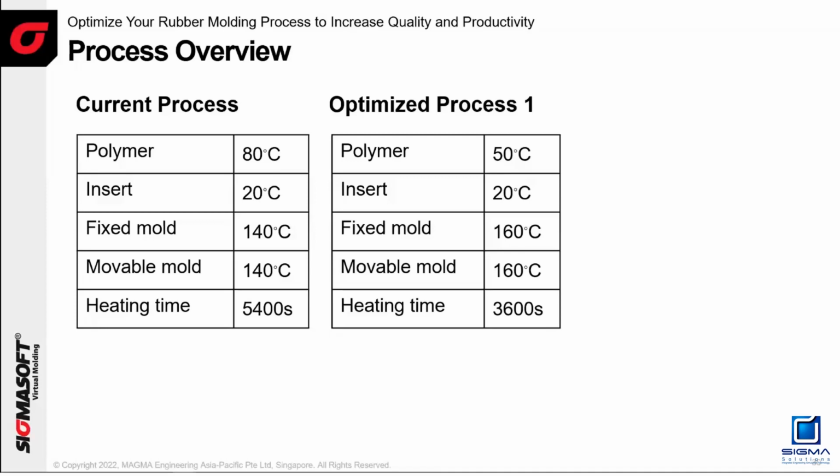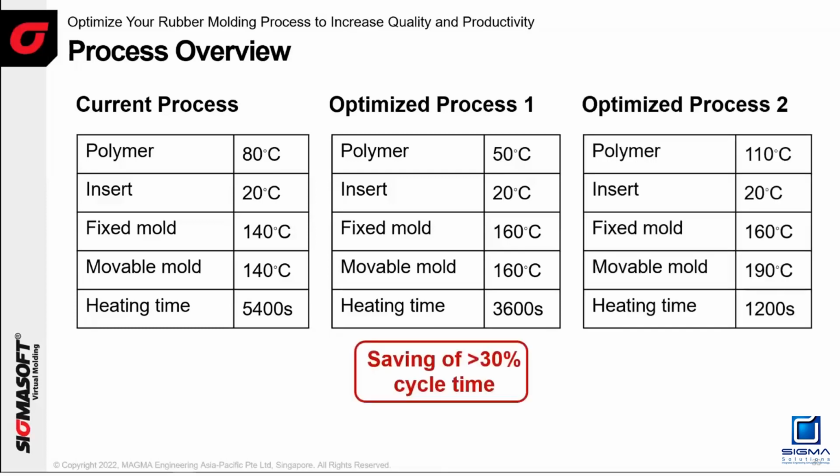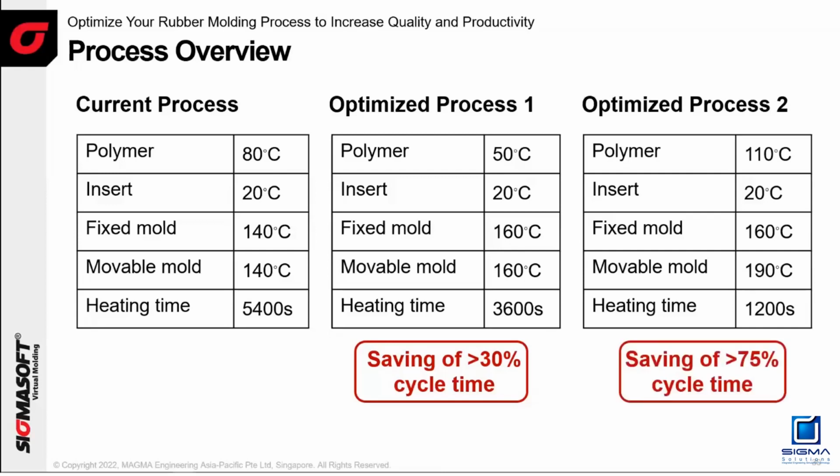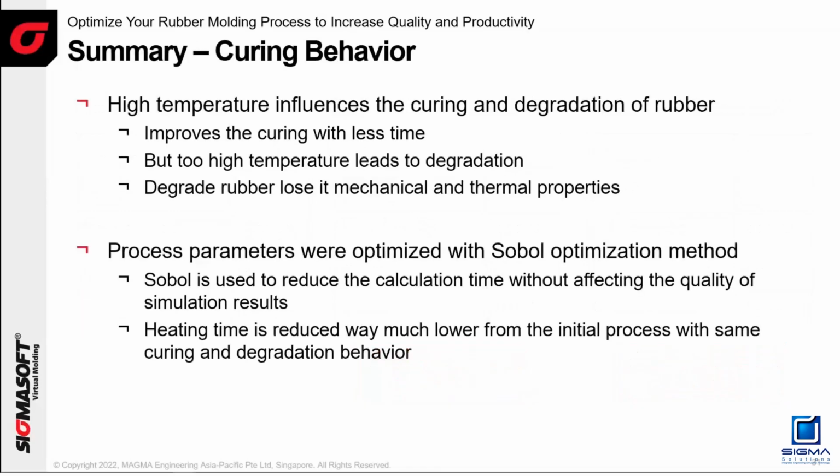But if you want to focus on the cycle time, you can use the second optimized parameter set, where the rubber material needs to be increased to 100 degrees Celsius and the movable mold to 190 degrees Celsius. Then you can save a maximum of 75% of cycle time. This is how we can optimize our curing behavior.